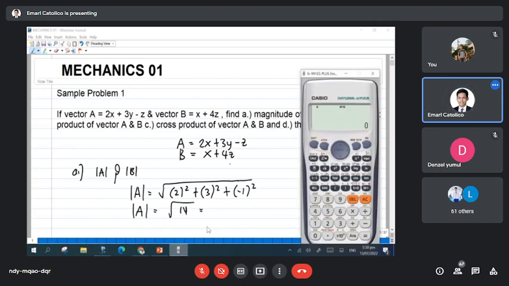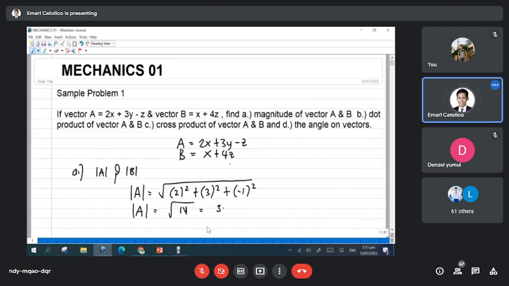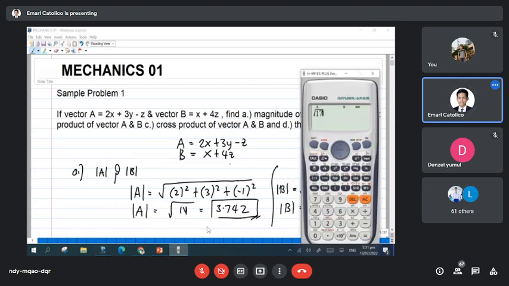Square root of 14 is 3.742. Same process with the magnitude of B, square root of 1 squared. Y natin is 0, kahit hindi nyo na isulat. Then z natin is 4, so 1 plus 16, square root of 17, which is 4.123. So, ganun lang kapag magnitude, ano.